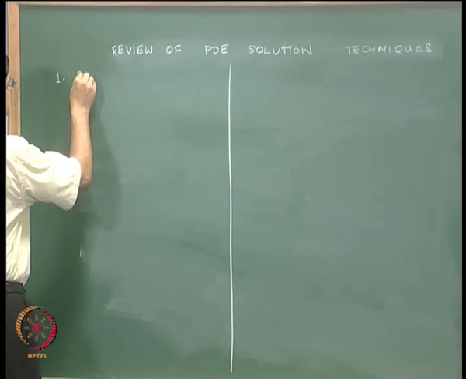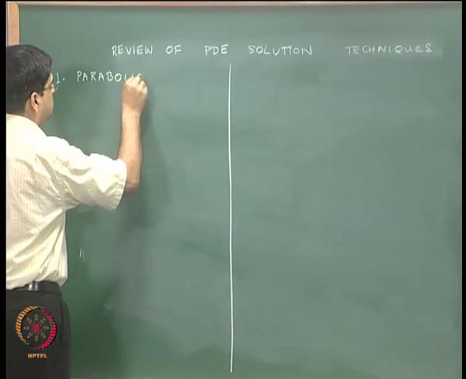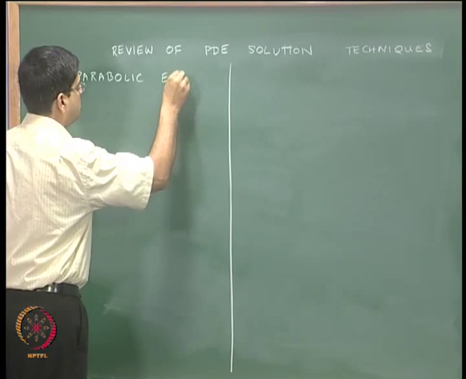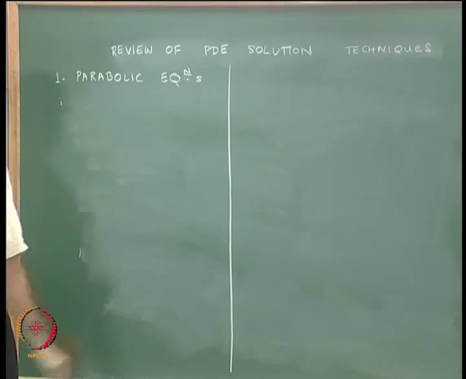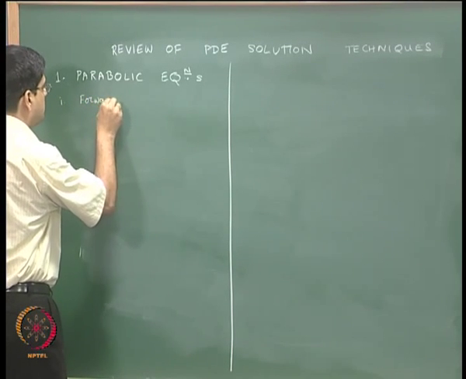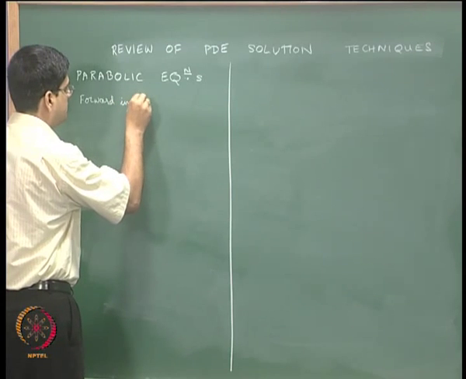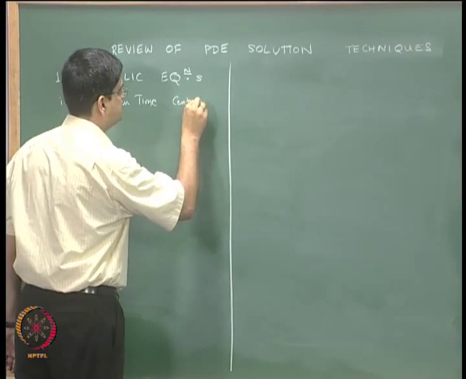First we looked at parabolic equations. The first method was forward in time, central in space.